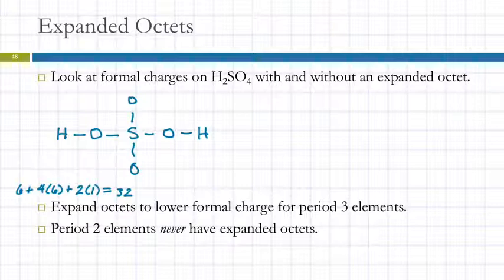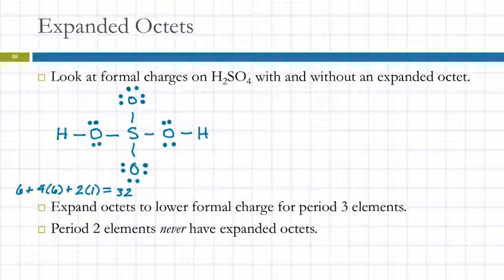So if we count the bonds first, 2, 4, 6, 8, 10, 12, 14, 16, 18, 20, 22, 24, 26, 28, 30, 32. That looks good, right? Everybody's got an octet.